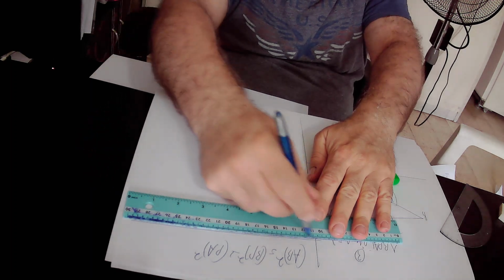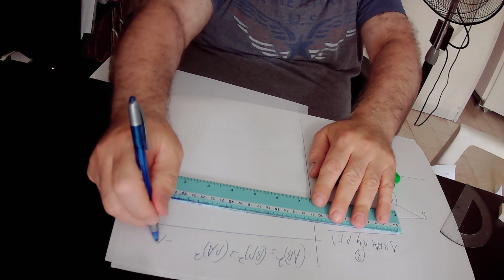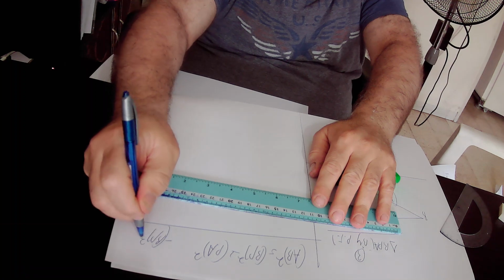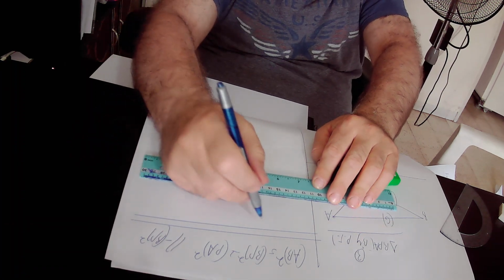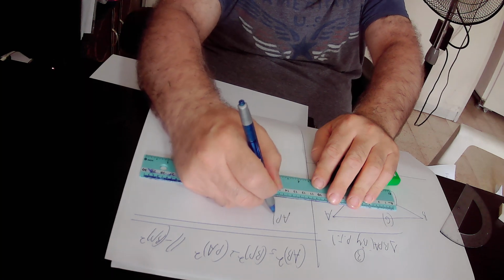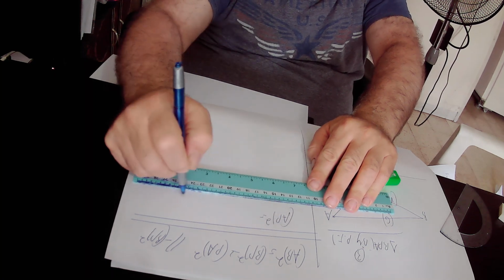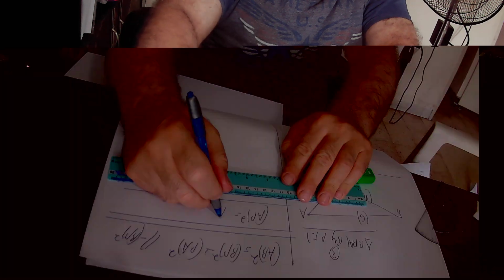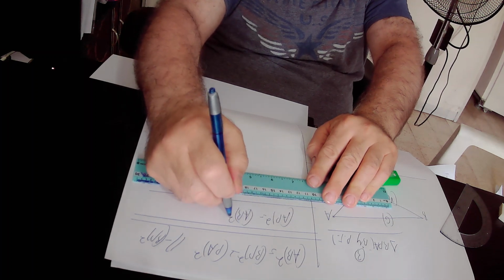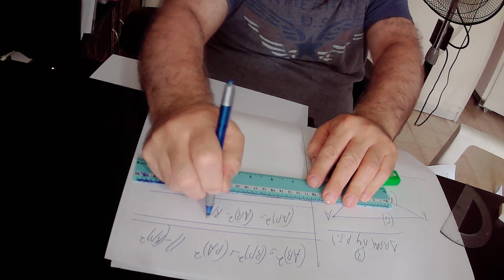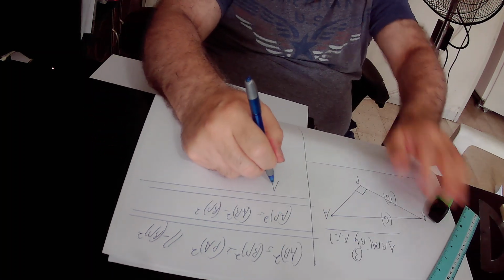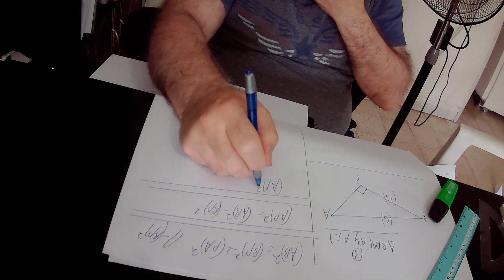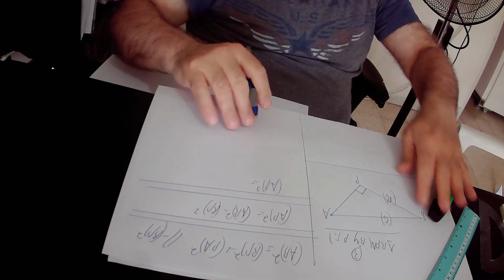So here we subtract BP squared from this equation, and we get that the missing side AP squared equals AB squared minus BP squared. So the missing side AP squared equals AB squared.